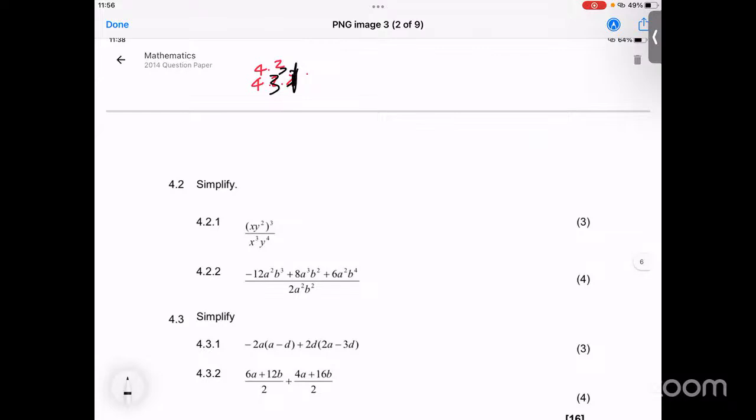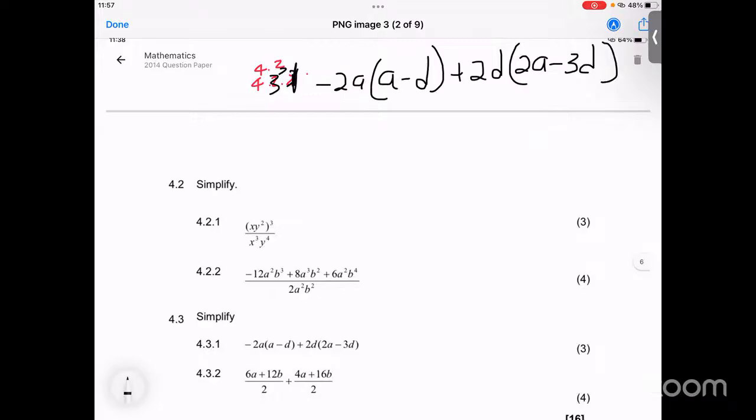Okay, so here again you simplify. How do you know that you're supposed to simplify? It's because you do not have an equal sign. And the problem that you are simplifying in this case, I'll rewrite it, is negative 2a into a minus d, plus 2d into 2a minus 3d in the brackets.